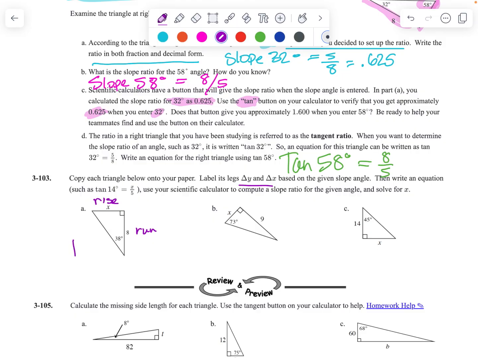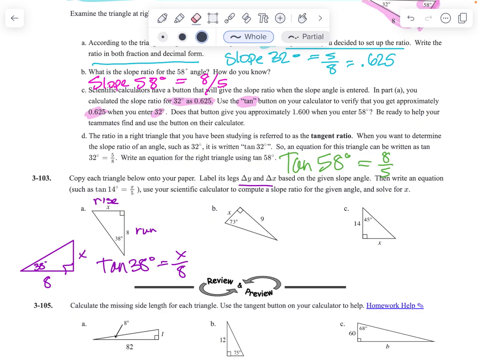So let me say, if I twisted this triangle around and drew it like this, then I would have my 38 over here, my x is over here, my 8 is down here. So now, if I say the tangent of 38 degrees, it should be rise over run. That's x over 8, okay? Now, I'm going to erase that triangle so I have some more space.